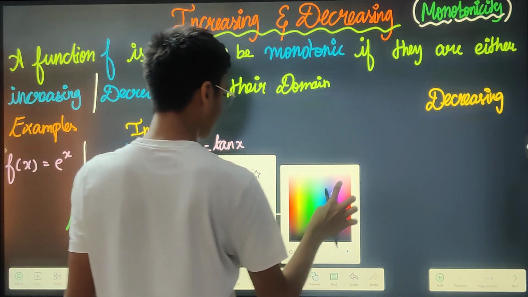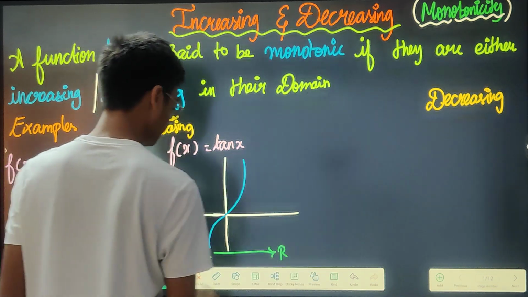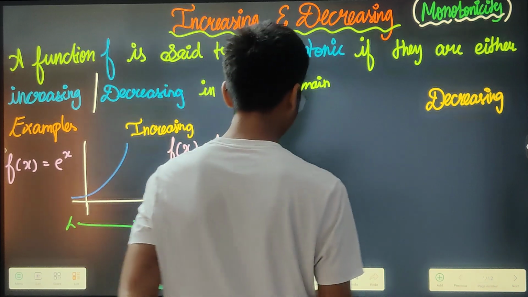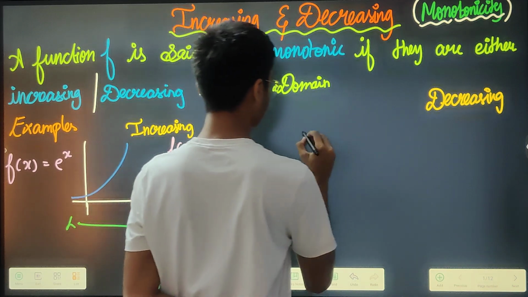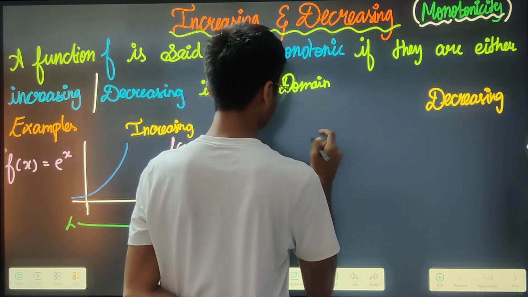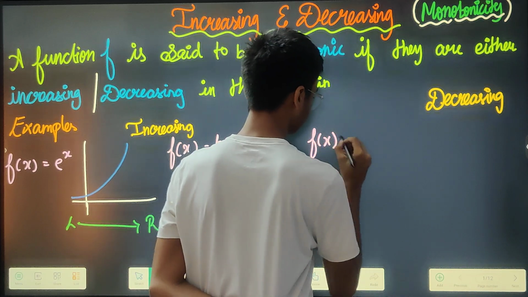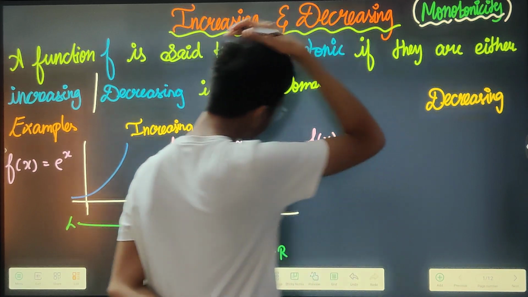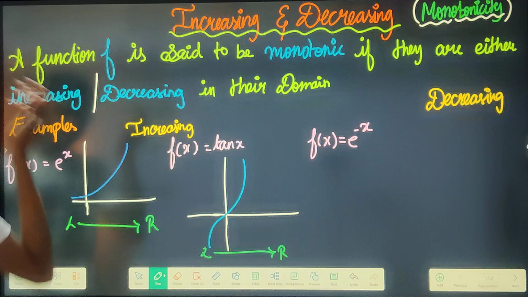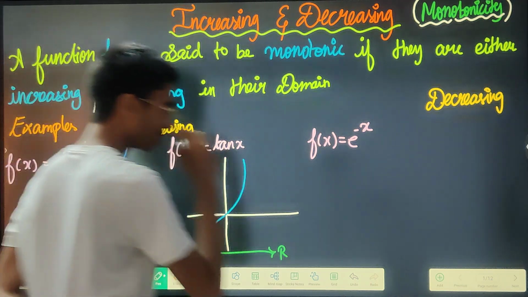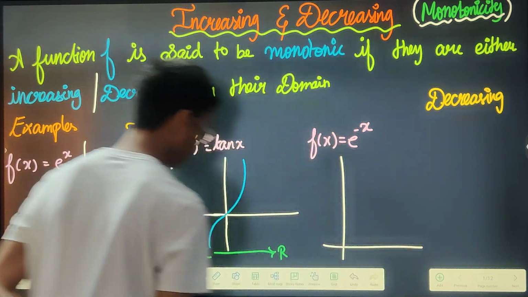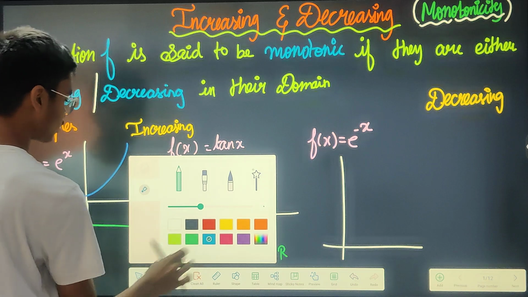Now let f of x be e to the power of minus x. What do you think the graph is going to be? It is a very basic graph, the exact opposite of this.